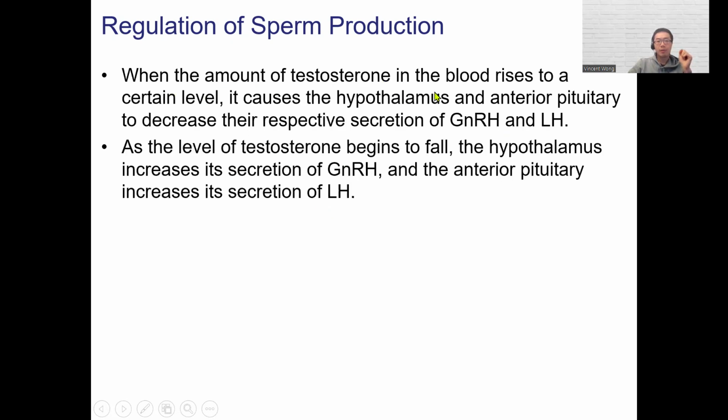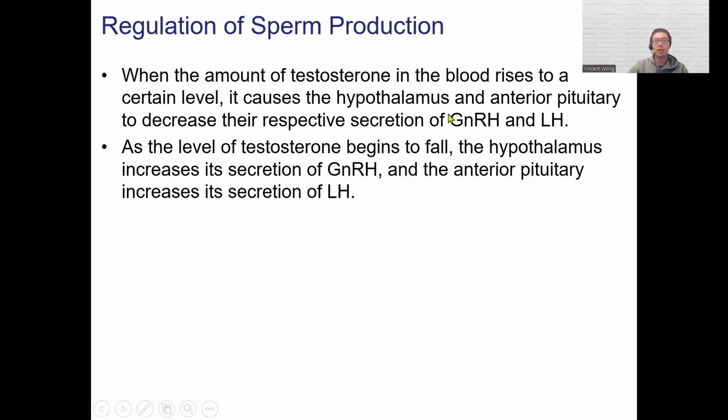When testosterone level is high enough, it's going to go back to the pituitary gland and suppress GnRH and LH production. Because you don't need to waste resources to make more sperm. If you have an adequate level of testosterone, that means spermatogenesis is going quite well at the moment.